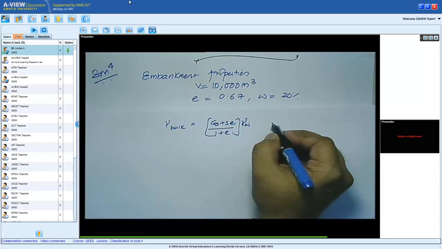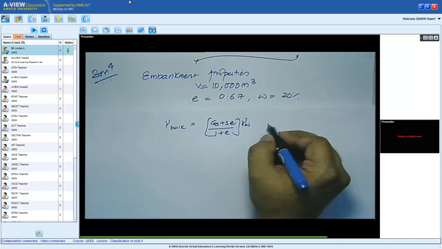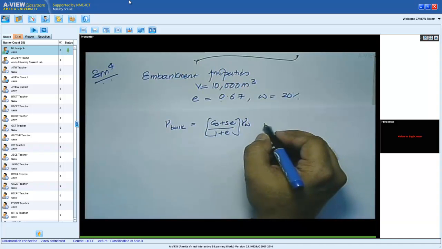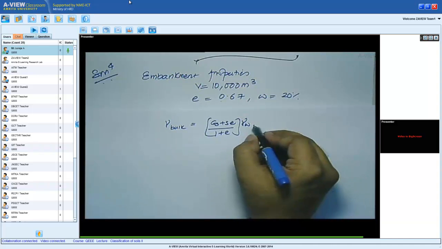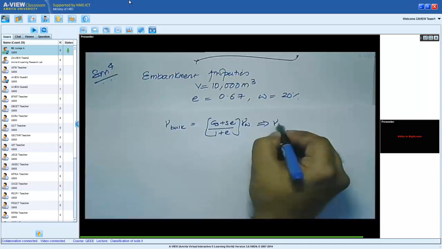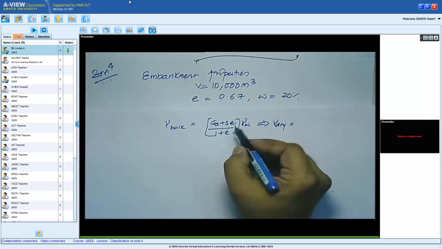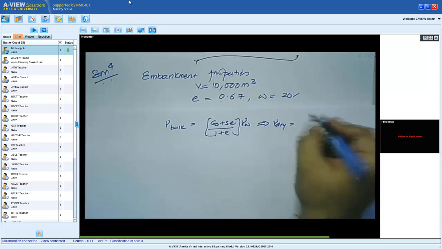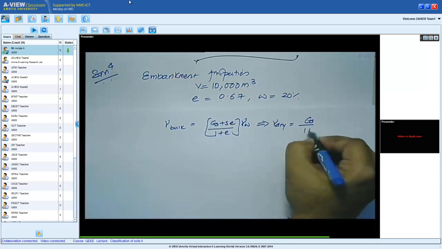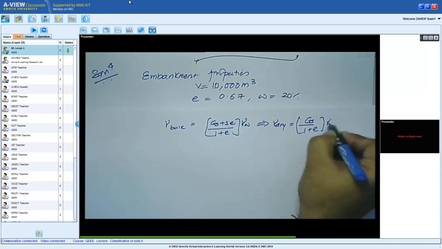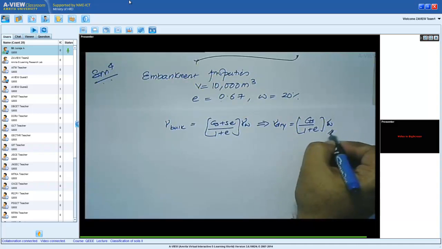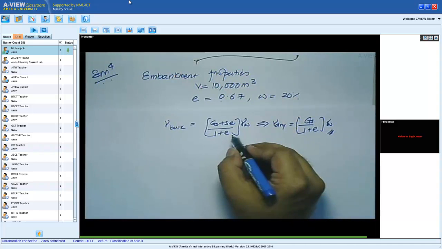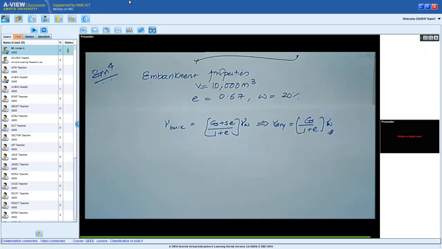I said you can make a song out of it. Gs plus Se over 1 plus e times gamma w gives you gamma dry when S becomes 0, so I have Gs over (1 plus e) into gamma w. Now I don't need to remember this, but this is the only equation which will help me derive not only this but a number of other related relationships.